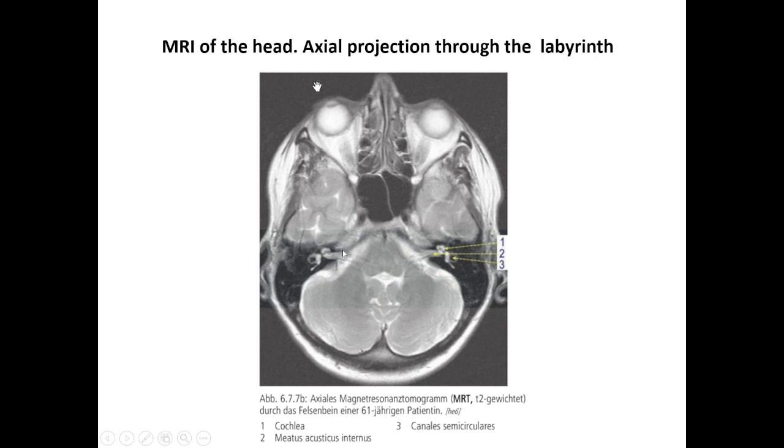And according to the Labyrinthus, here it is, quite small, not more than 1 centimeter in length, but nevertheless we can see here, what is this? Canalis semicircularis, and what is this? The cochlea.